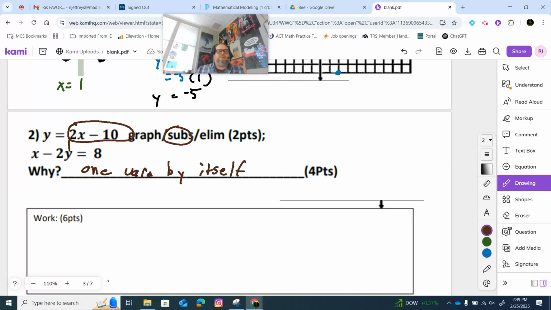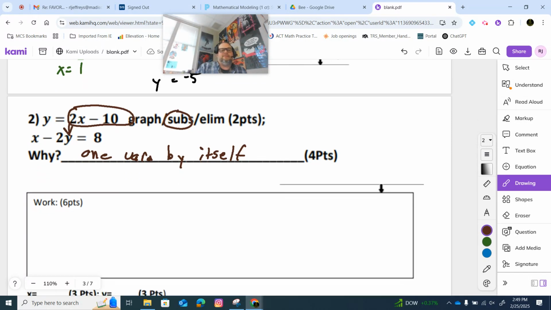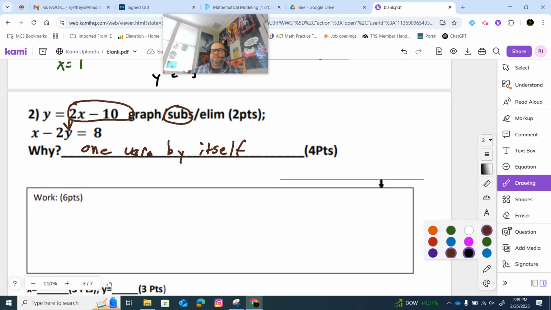And I'm going to plug this in right here. You could have probably graphed this. Probably not my most fun thing to do. Did anybody else solve this a different way besides substitution? Okay, good. If they did, I don't know. I wasn't looking.